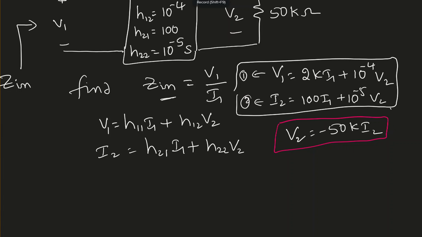So what I'm going to do, I need a relation between V1 and I1. So I'm trying to eliminate everything and put it into V1 and I1. So here what I'm going to do, I'm going to substitute V2 in equation 2. So substitute equation 3 in equation 2.